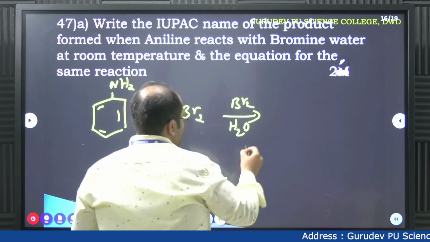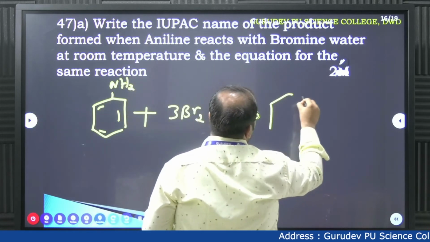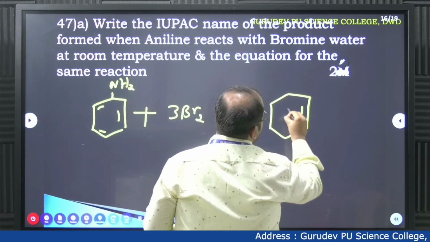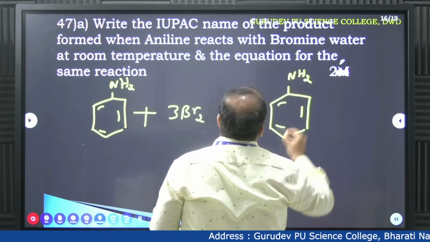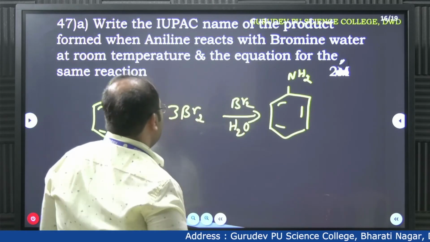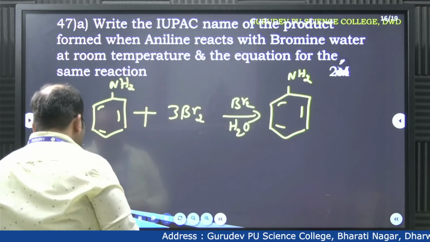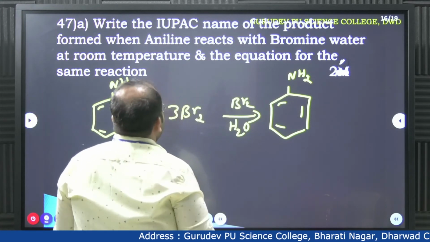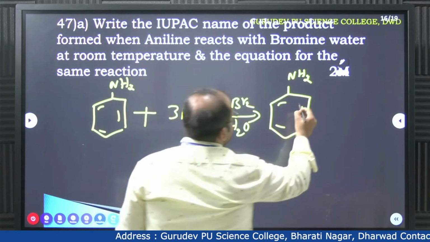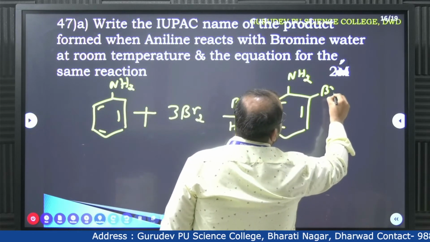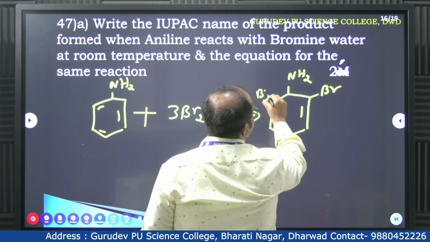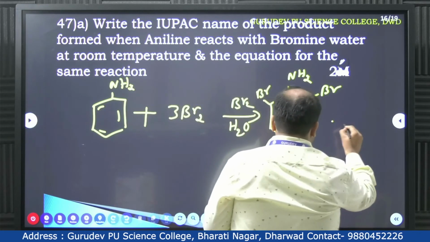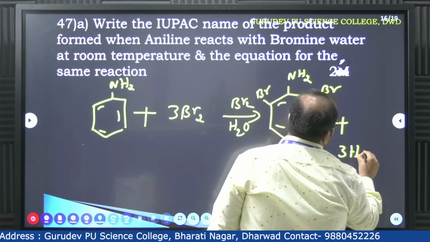Here is the formation of the product, with NH2. Now we are using 3 bromine molecules, which take the alternate positions.